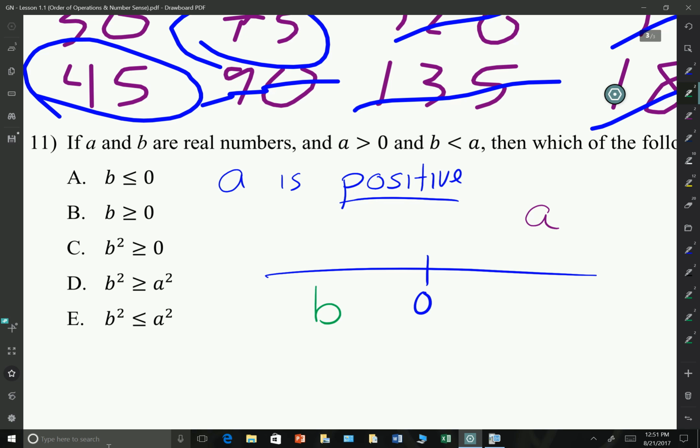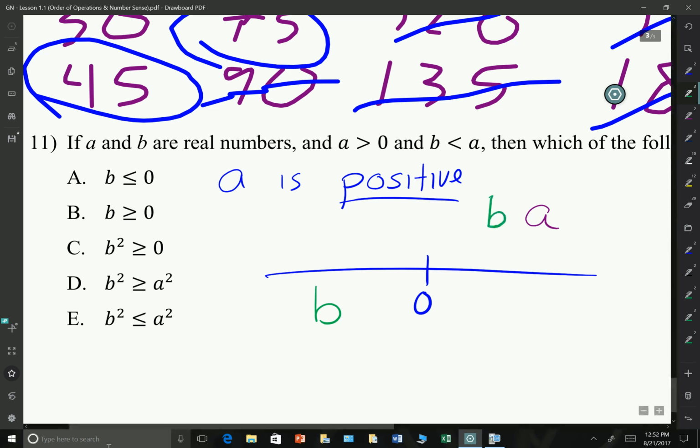If A is, anybody take honors geometry? If you did honors geometry, I don't know if you guys did regular geometry. Do you know the word counterexample? Counterexample is just find one thing that makes it false. And that's kind of what you're doing. If A is 17, could B be over here? So B could be positive. It just has to be to the left of A. B could even be 0, couldn't it? It all depends on what A is.